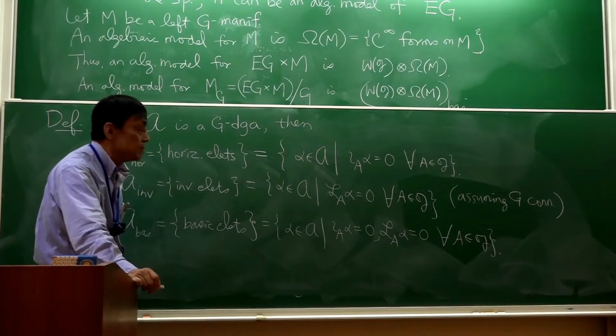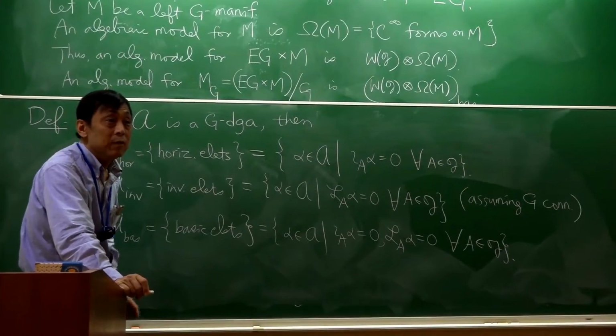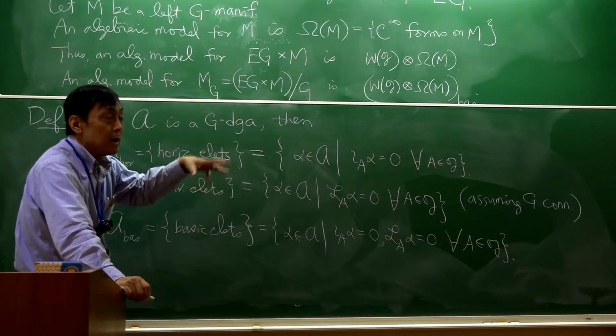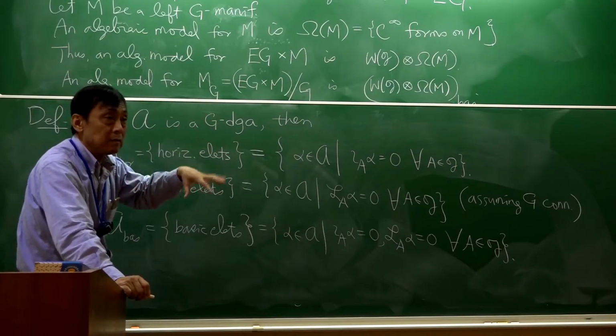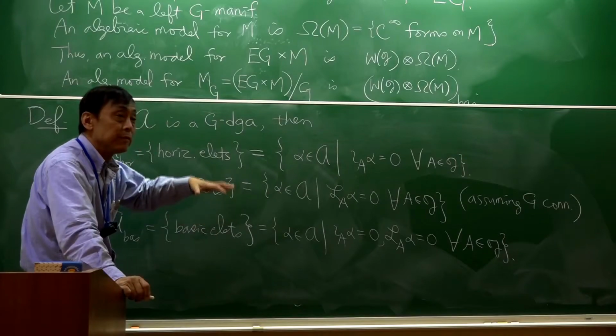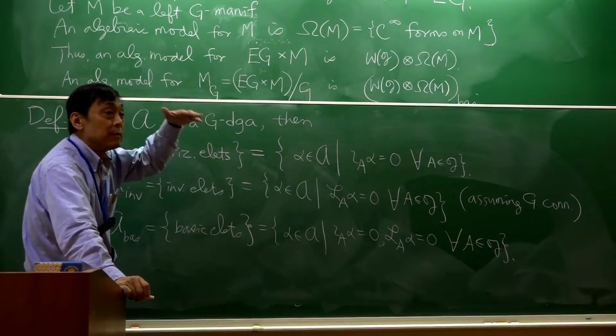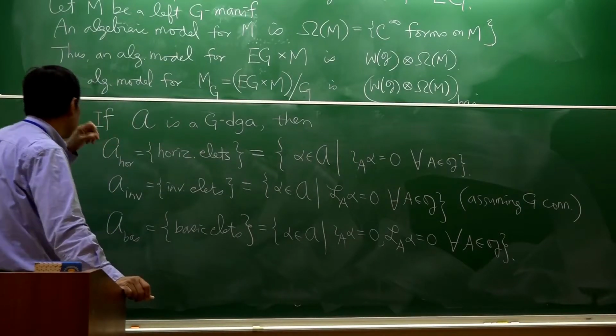That's a definition of basic elements. We know that if you have a principal bundle, then the basic forms upstairs are precisely the forms that come from the base. Okay?